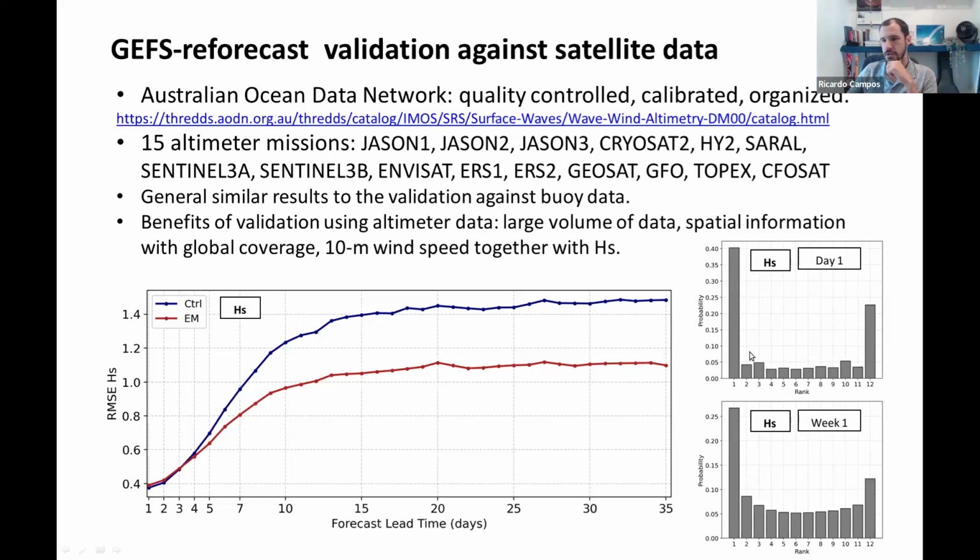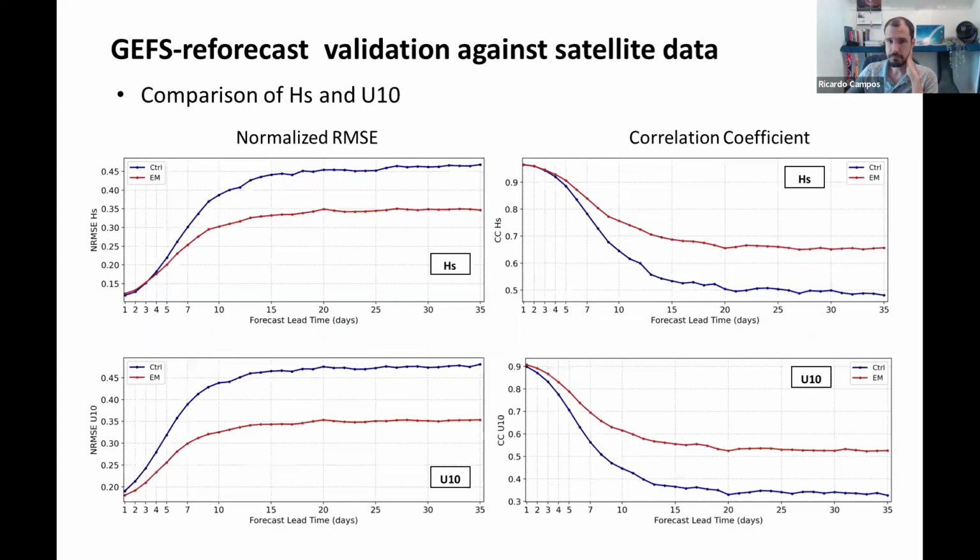And this here shows the spread-skill diagram indicating that the short-term forecast is overconfident, with a small spread. So we are working on it. Root mean square error, correlation coefficient. I draw attention to this part here.